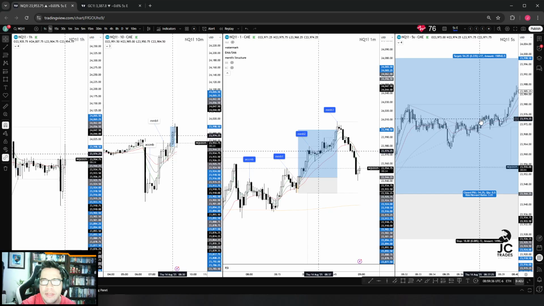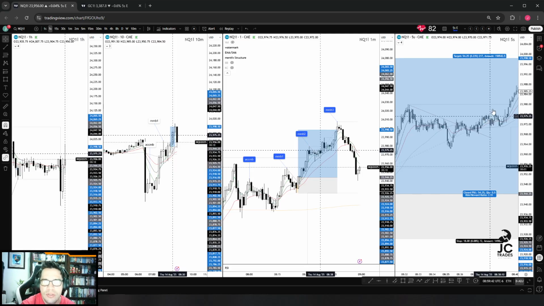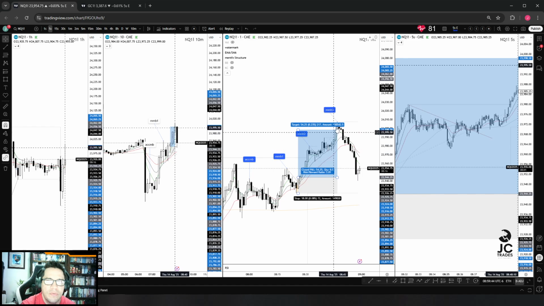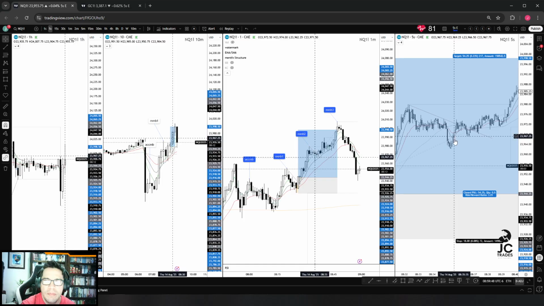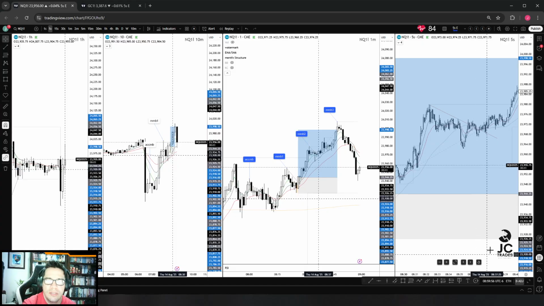So maybe a buy stop above this high would have been valid for an entry, which would have led in this case to a move in our direction. But as this was part of the trade we were in, we're just not gonna consider this one as an additional entry.